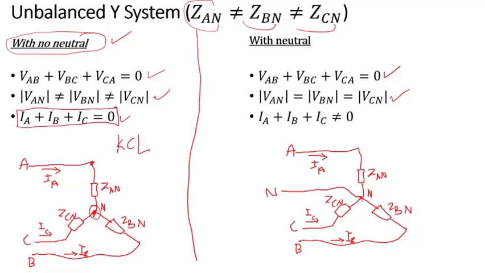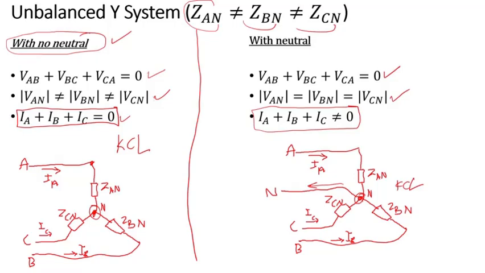But here, if you do KCL around the neutral point, the sum of the currents will flow through the neutral. And in this case, the sum of the currents will not be zero. So the neutral will actually see some current. Any unbalance will have to go through the neutral.